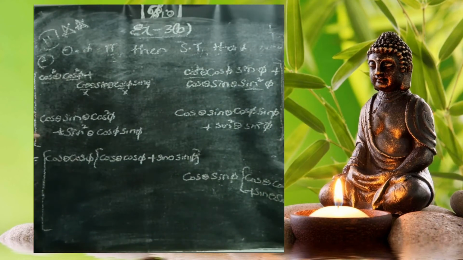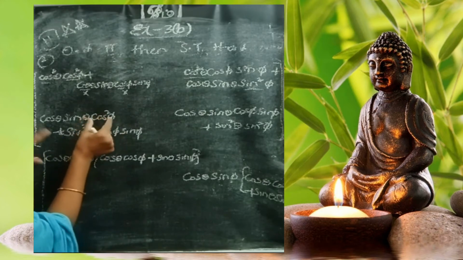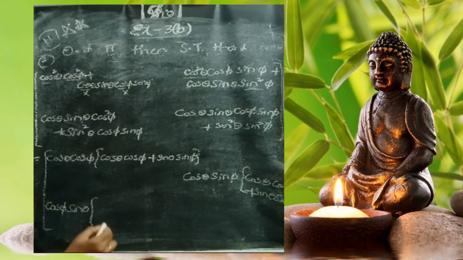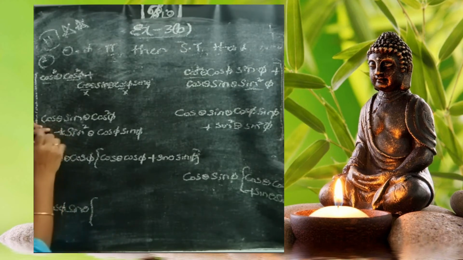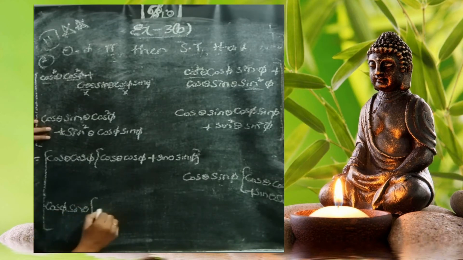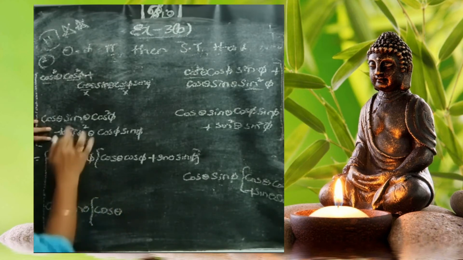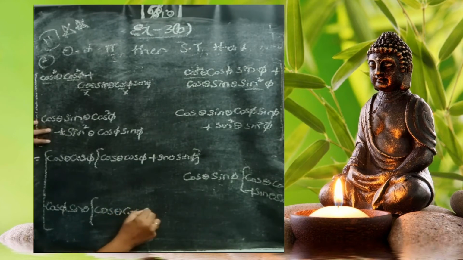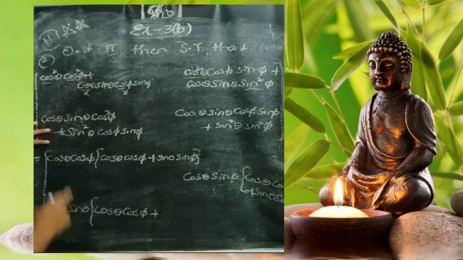Okay, next here. See here squares. See the square terms. Write the square terms. What is there? If it is a single term, remove this. Cos theta, sin theta is there, so it is single, so leave it. And cos pi plus sin theta.